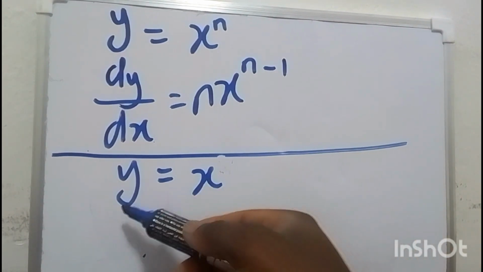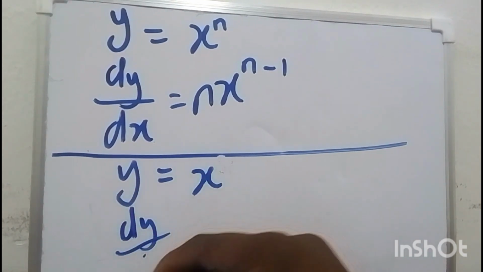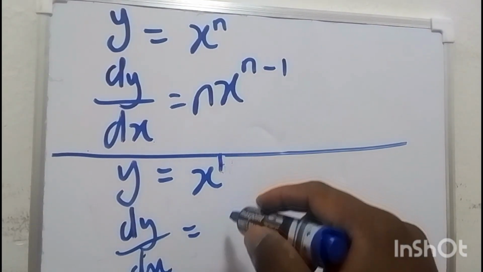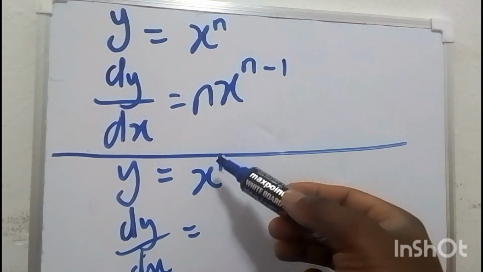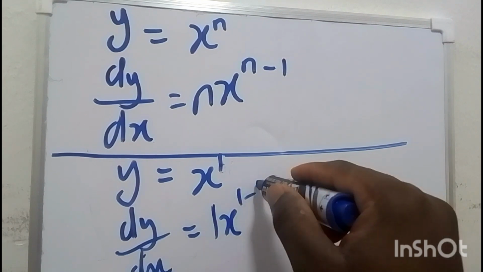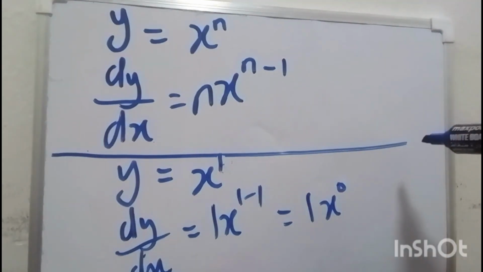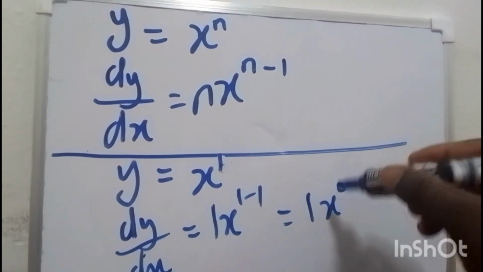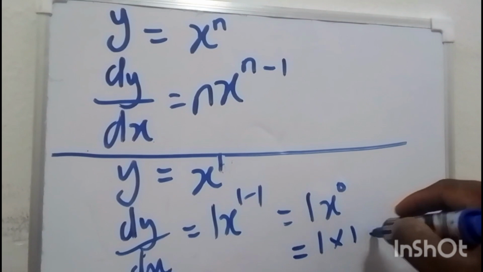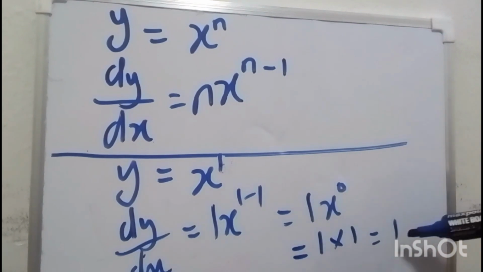We differentiate y with respect to x, and we have dy over dx equal, because there is an invisible power of 1 here, and this one stands for n, so we say 1 multiply 1, which gives us 1, and we have x power 1 minus 1, okay, and we have 1x power 0, and we know according to indices anything power 0 is equal to 1. So we have 1 multiply 1, which equals 1. So the differentiation of x is 1.